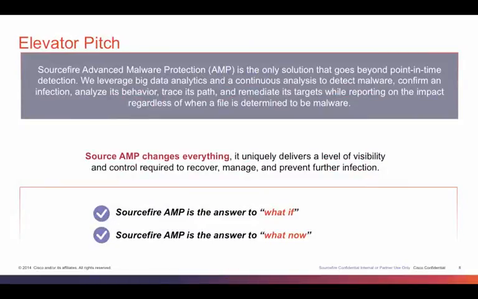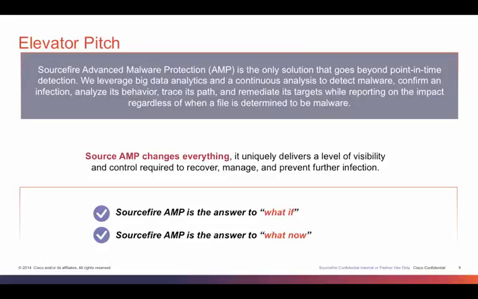To that end, when we talk to customers, we want to make sure that they understand that we're doing something that is in fact unique. So we've developed the short pitch at the top of the slide. SourceFire's Advanced Malware Protection is the only solution that goes beyond point-in-time detection.